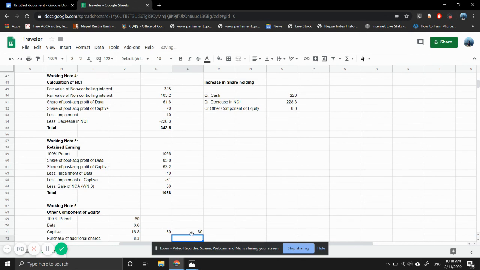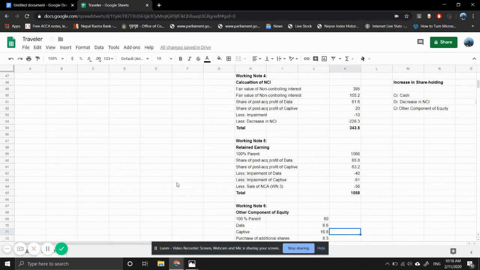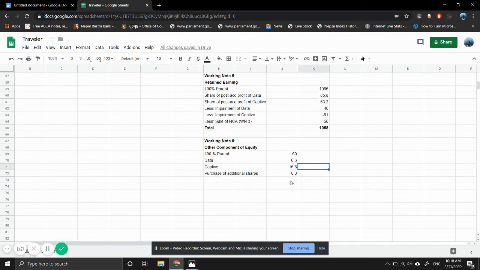So what I did was I just broke down this 80. Basically I separated the retained earning component from the other component of equity, so that it will be easier for us to present it. Okay, that's why we did it.